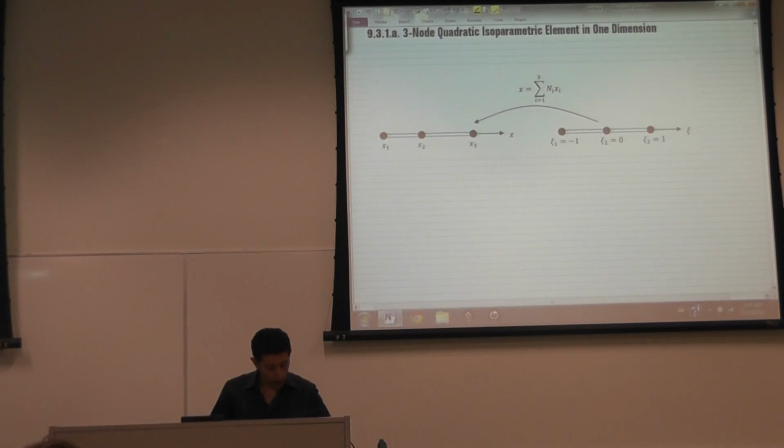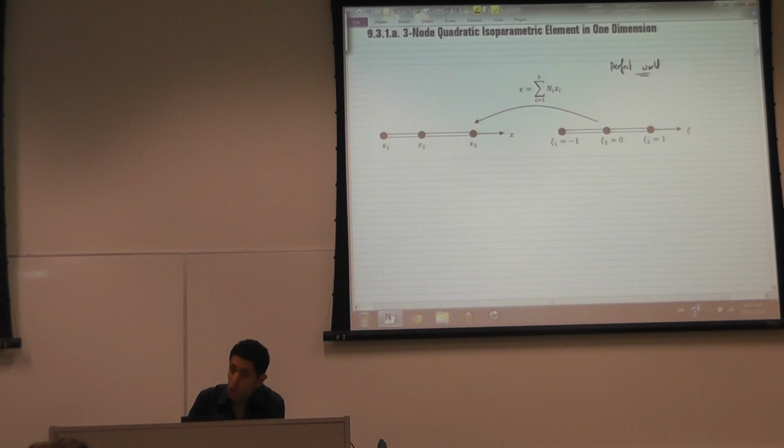So, in the perfect world, or in the local coordinate system of the element, the nodes of the element have coordinates -1, 0, and 1. Let's call this node 1, node 2, node 3.